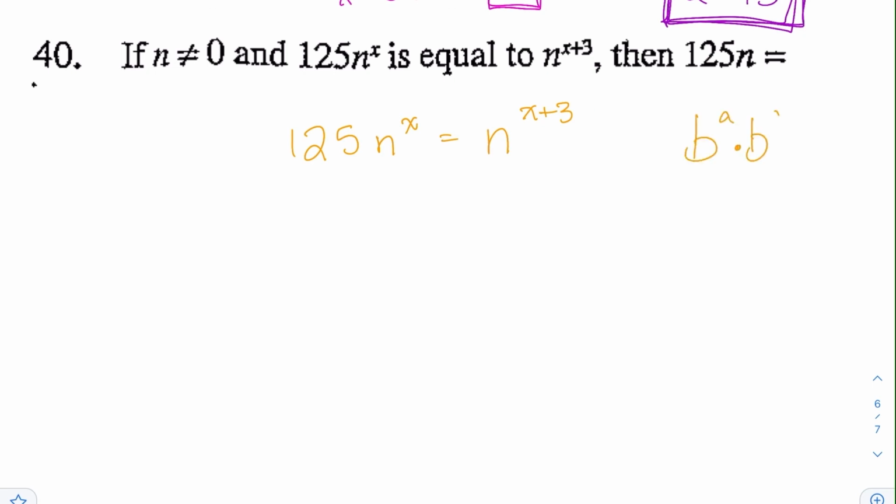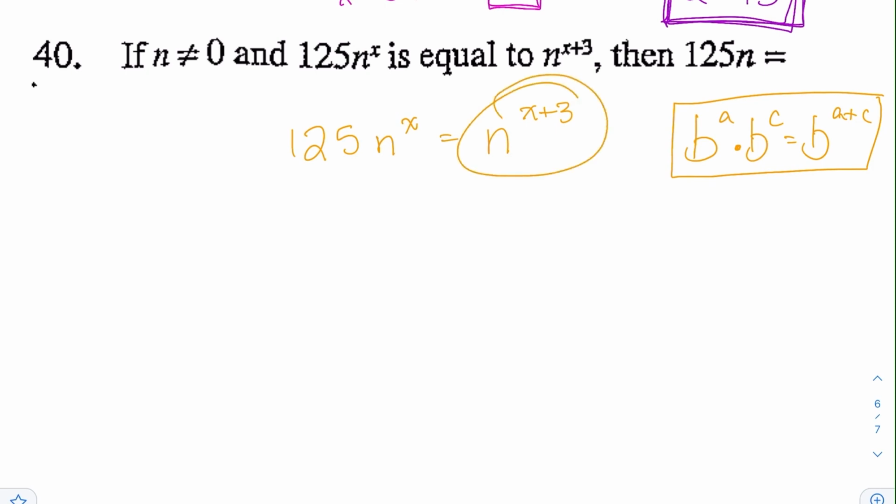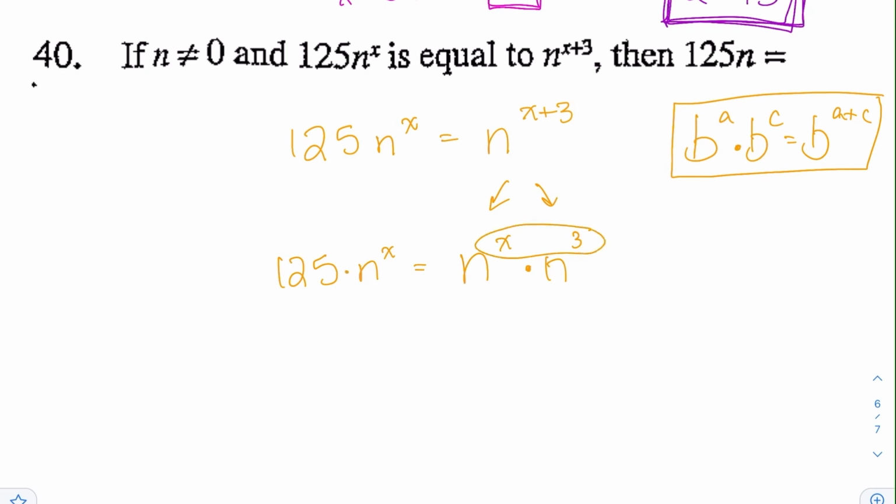B to the a times b to the c is b to the a plus c. If you multiply two exponents on the same base, you have to add the exponents. So we have the sum of the exponents here. So this would split into n to the x times n cubed, because you would normally add x plus 3 to get x plus 3 up there.